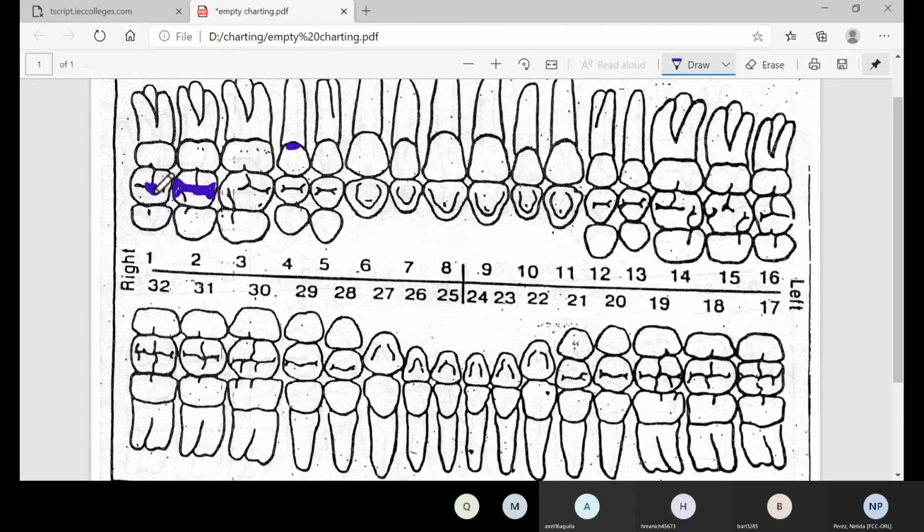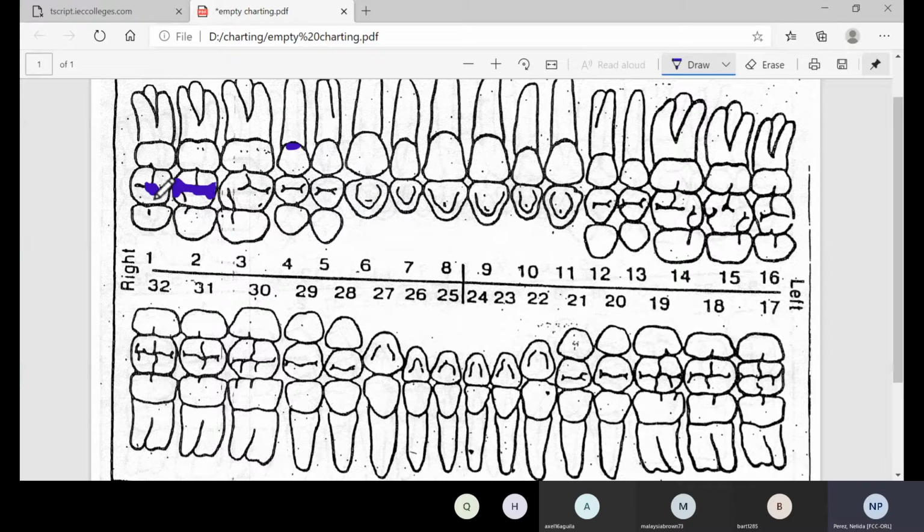Somebody? I didn't write nothing, but I thought it was amalgam filling. It is. It's an amalgam filling. Anything that's colored in like this in dark blue is amalgam, silver filling. So number 1 is an amalgam filling.